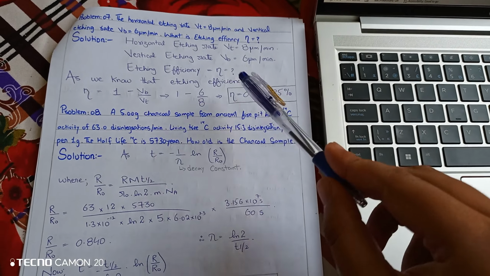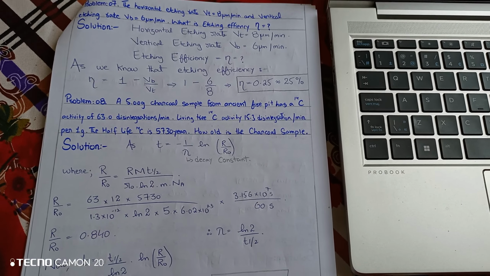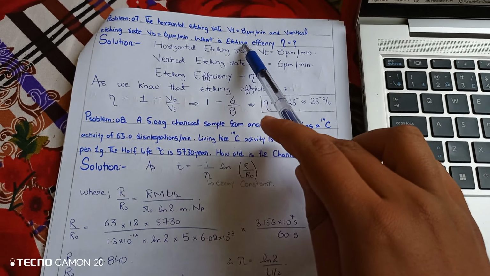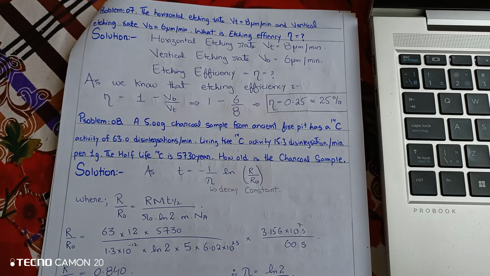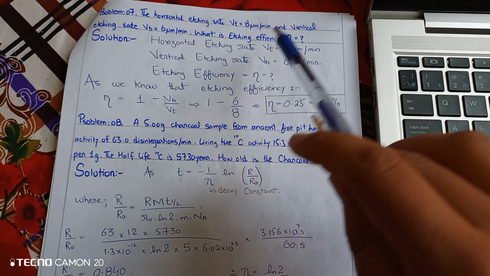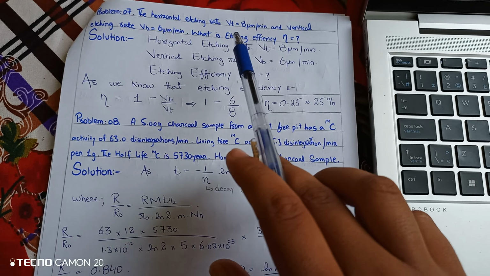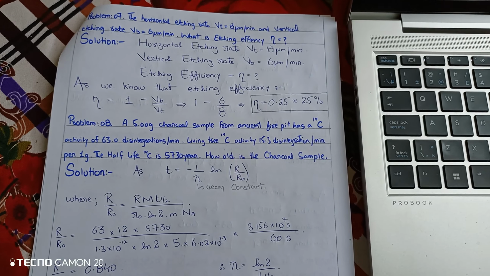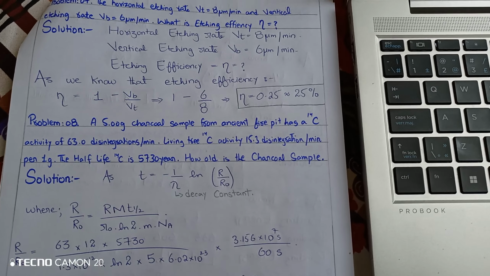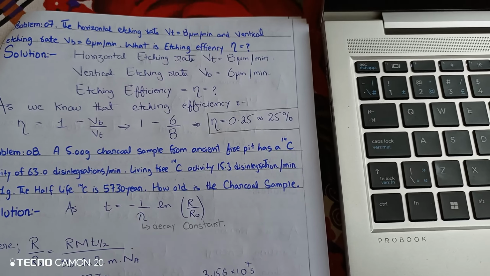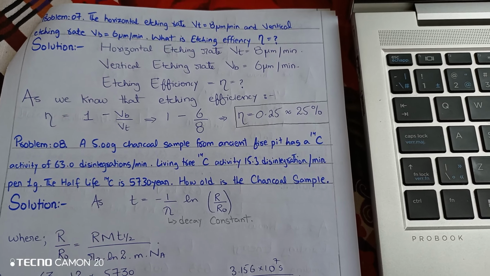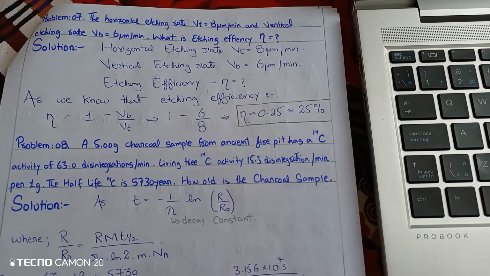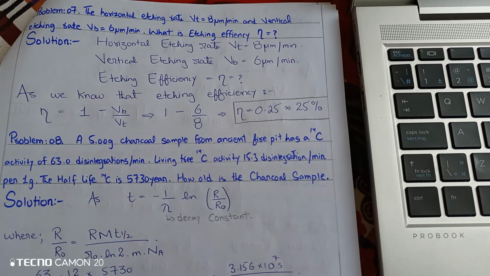Our seventh problem says that the horizontal etching rate is 8 micrometer per minute, and the vertical etching rate is again given, which is 6 micrometer per minute. What you have to calculate? What is the etching efficiency, eta? Again, horizontal and vertical etching rates are both mentioned. You have to find the efficiency. Again, you know the simple relation, efficiency eta equals 1 minus Vb by Vt.